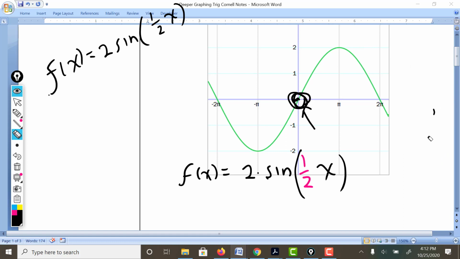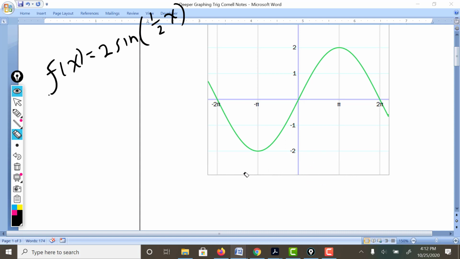Another way to look at this graph is a little bit more difficult. If we were to look at this graph as a cosine graph, right? So right here, I'm going to extend this. And of course, this graph would go to this point right here.